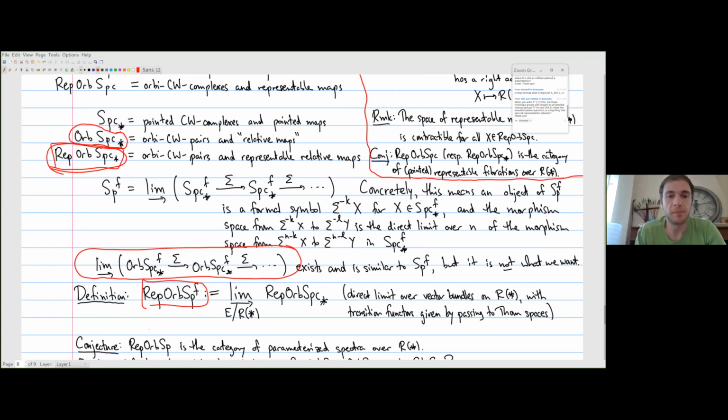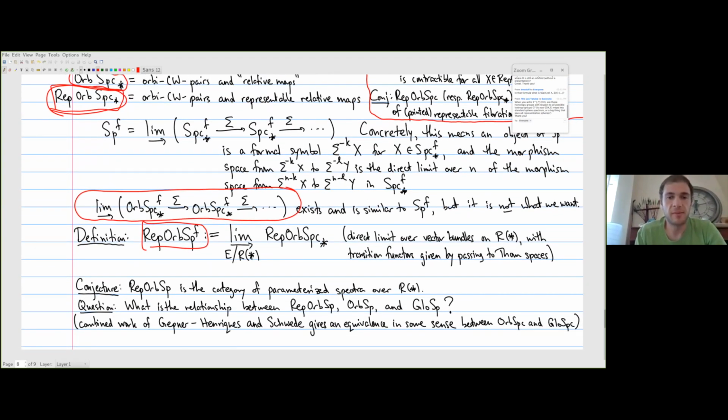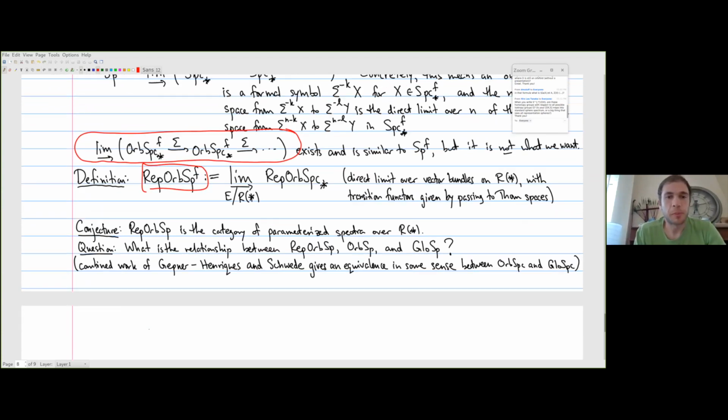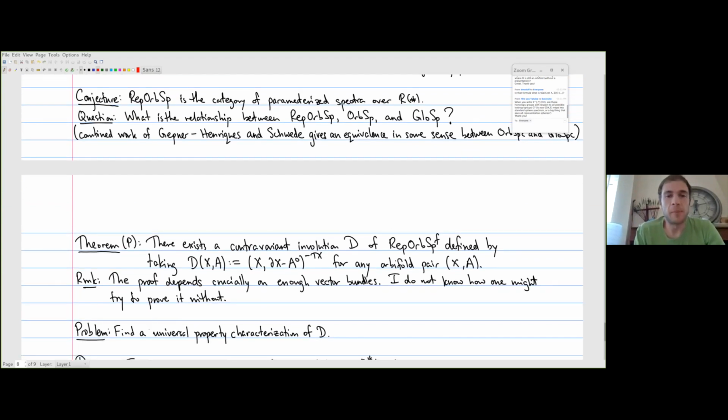Let me say this. Okay, I think I'm going to have to skip this, even though this is very interesting. So here's a theorem. There's a contravariant involution of this category of representable Orbispectra, and it's defined by the same formula as Spanier-Whitehead duality for usual finite spectra.